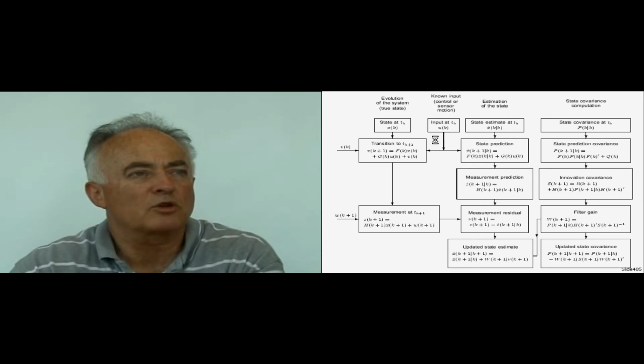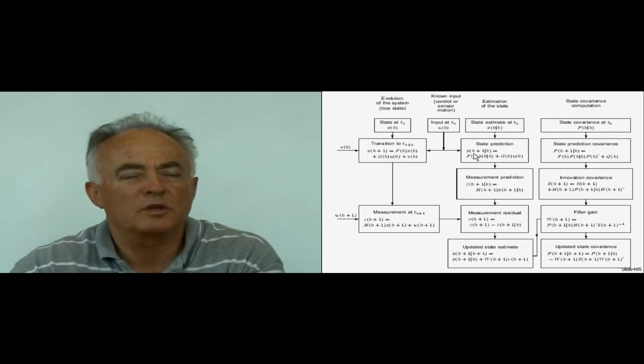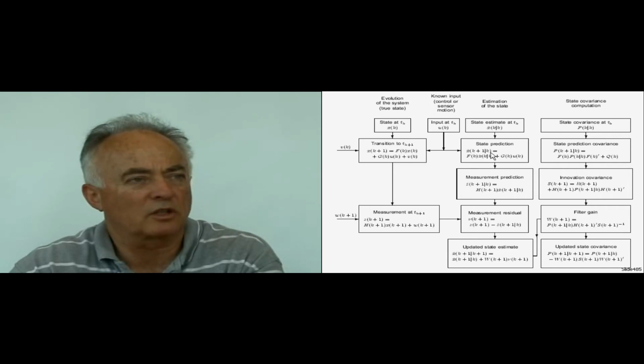The state estimation starts from the estimate at tk, that's x hat k given k, for which we calculate a one-step prediction. X hat k plus 1 given k is fk x hat k given k plus gk uk. We are using as a filter. We have access to the known input, that's why it's called known.